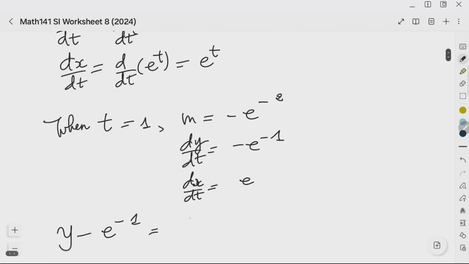equal to the slope, which is minus e to the minus 2 multiplied by x minus e.